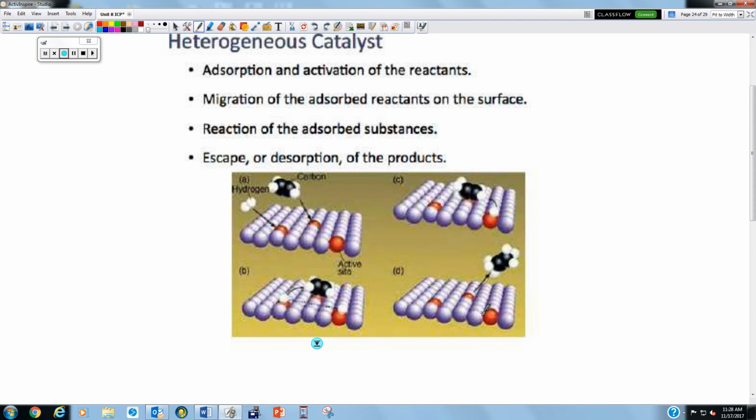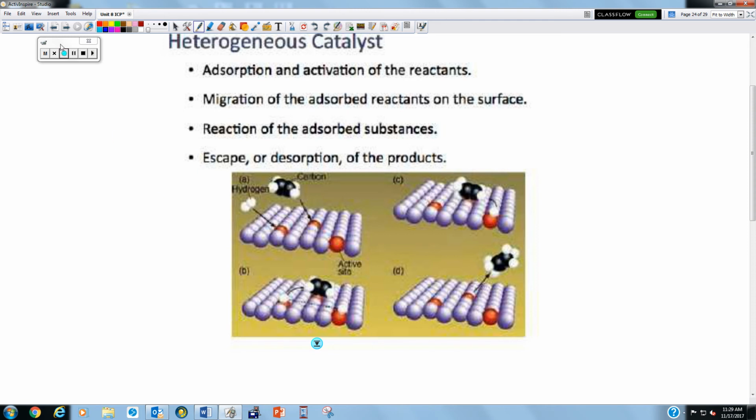These are parts of air scrubbers, the catalytic converter on your car, and scrubbers for smokestacks as you're producing different fossil fuels, so that we don't pollute as much when we're sending the waste gas back into the atmosphere.